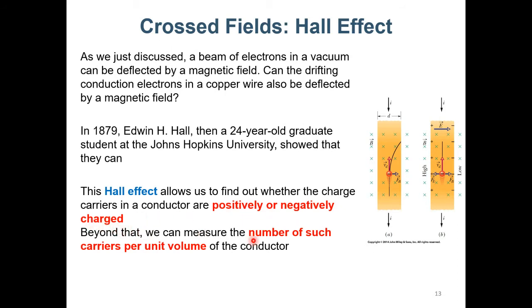Beyond that, we can measure the number of such carriers per unit volume of the conductor. So actually, this experiment tells us that the moving charge in the conductor should be electrons rather than positive charge. This experiment really shows that.